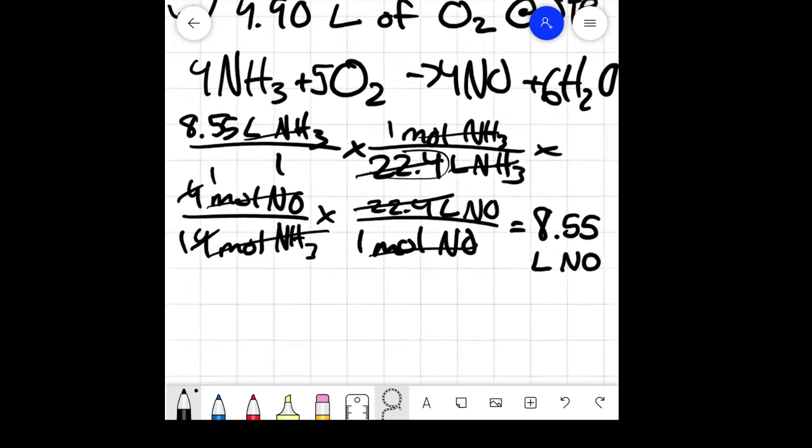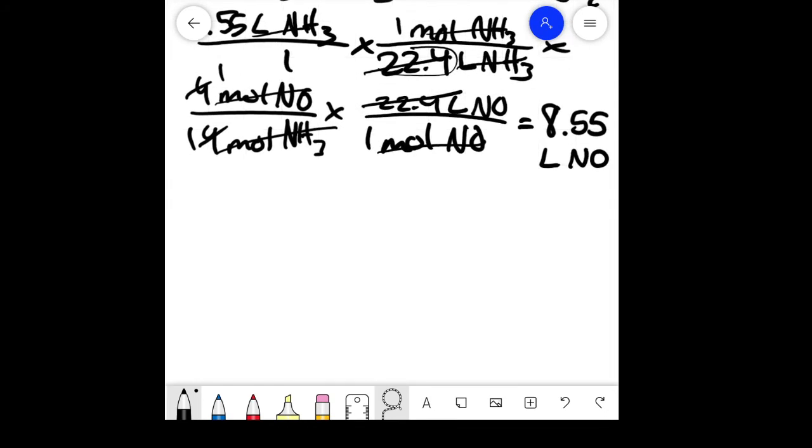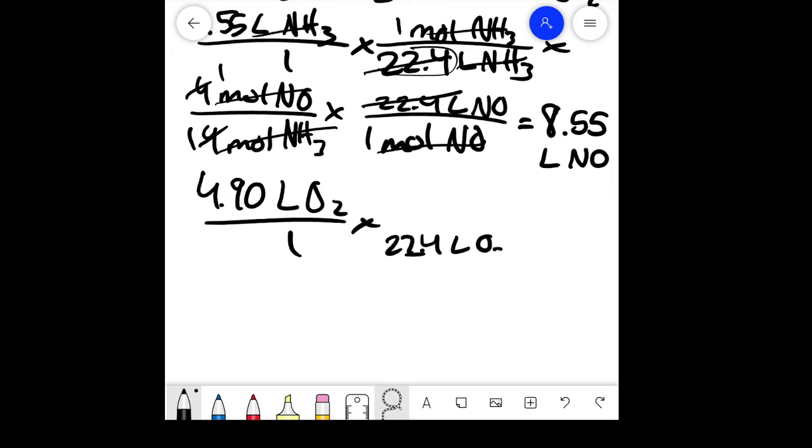Now, we don't know that's our answer because we have another reactant, so we have to work it again. We do the same thing, but this time with oxygen. We still convert liters to moles. It's the same number no matter what, similar to Avogadro's number, where it didn't change. Now this time you put in the molar ratio.